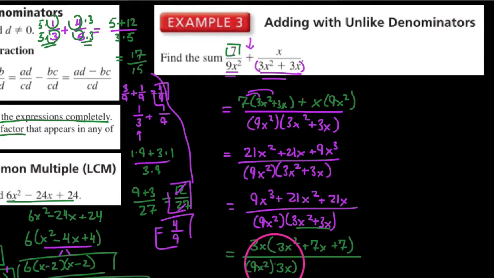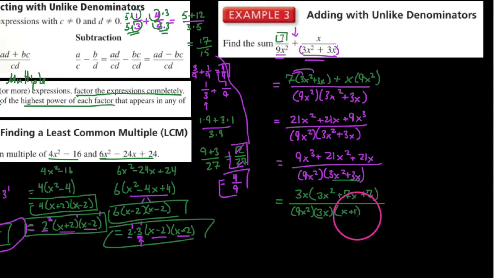So I'm going to take that 3x out in front and write what's left, which is x plus 1. So we cancel out any common factors, which in this case is just the 3x. What we get left with on top is 3x squared plus 7x plus 7, and this is all over 9x squared times x plus 1.